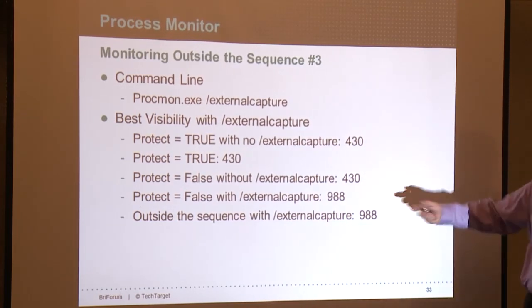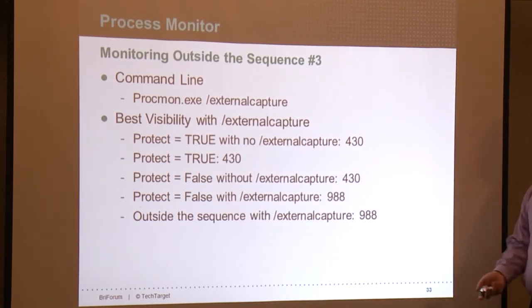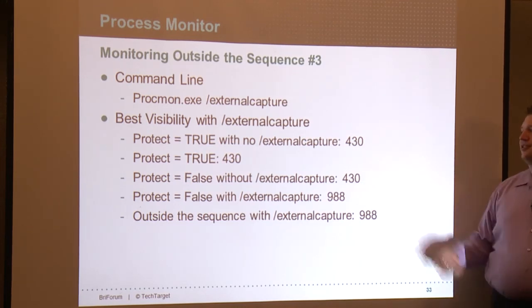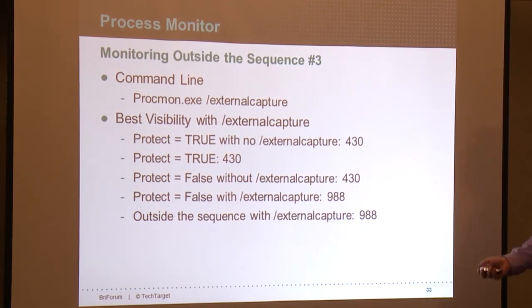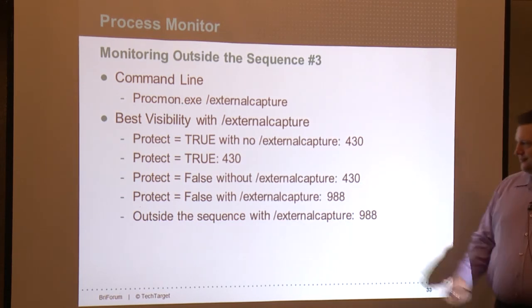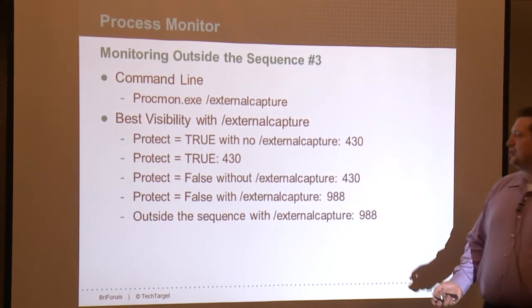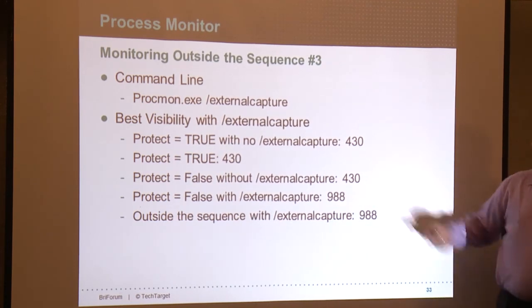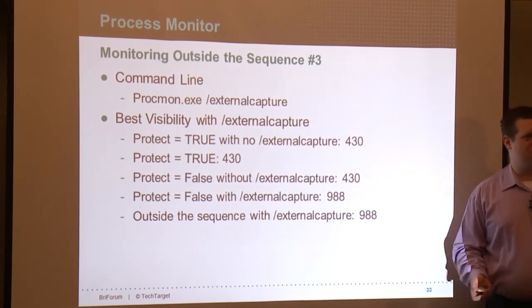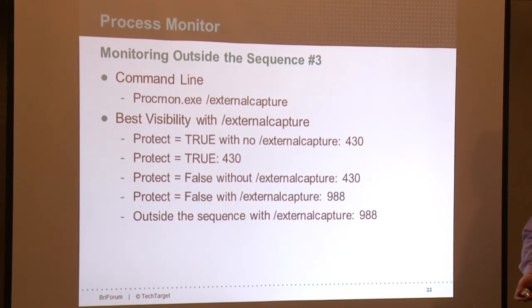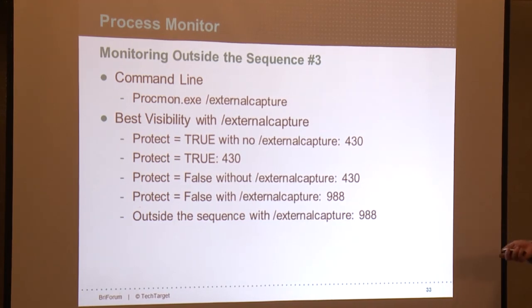If I run it with protect equals false without external capture, I still only see 430 registry items when I launch and close Adobe. Now if I say protect equals false with external capture, I see roughly 988 registry entries in Procmon. And if I run it outside the sequence with external capture, again, I'm seeing roughly 988 registry paths in my Procmon trace.